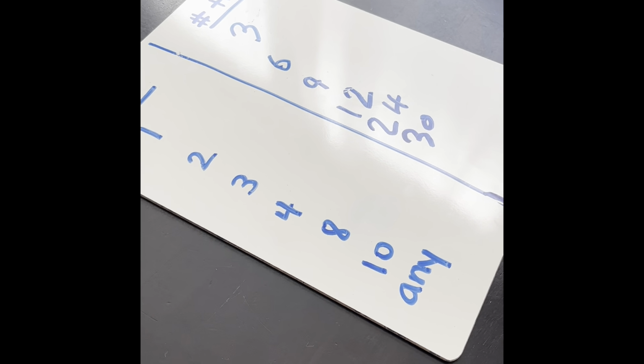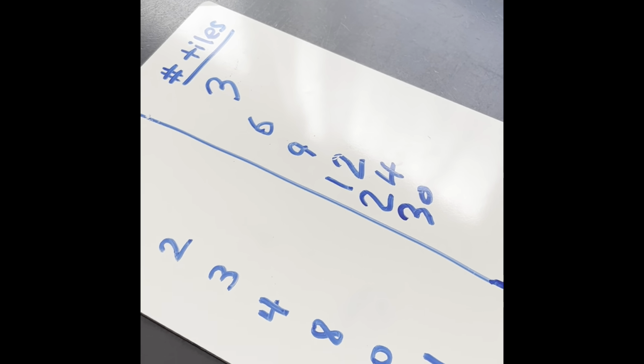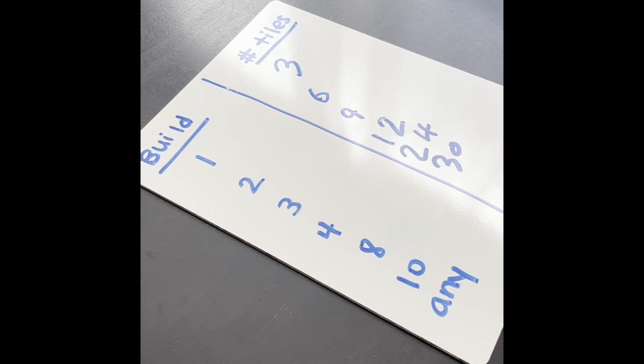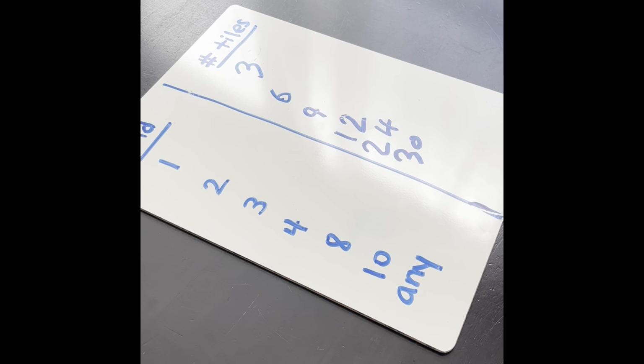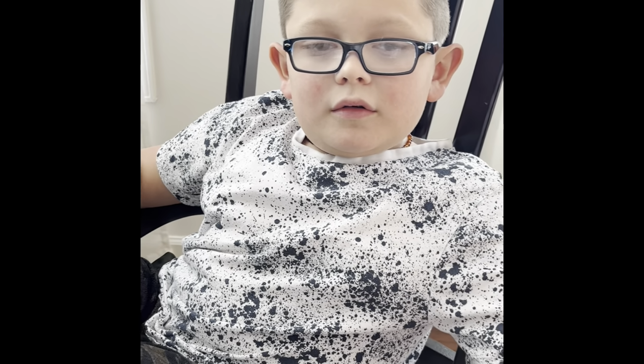So if I have build number 4, what did I do to it to get 12? No matter what number you have, you double it... you multiply it by 3.